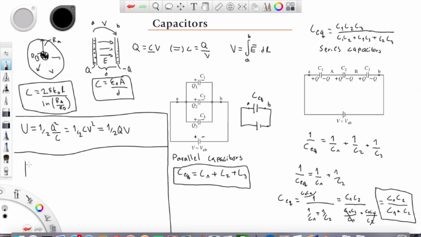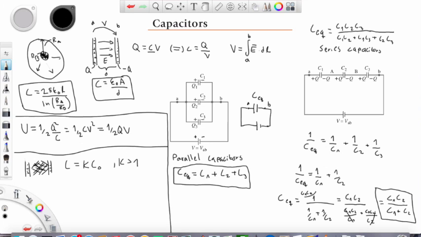So between the two plates there is some non-conducting material, and this is done because the capacitance of such a capacitor is higher than the air-filled or vacuum capacitor by some factor k, where k depends on the material, but it's always larger than 1.